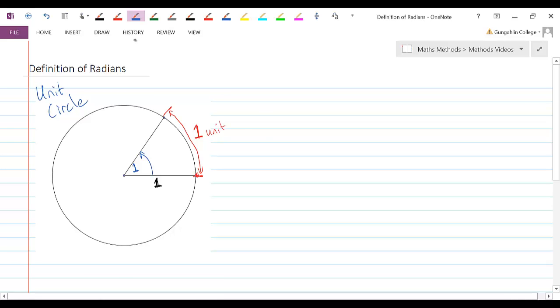A few things to note while we're defining the radian. Think about how big 1 degree is. 1 degree is not very big, because we have to divide this whole circle up into 360 little parts all the way around, and each of them would be 1 degree. In comparison, 1 radian is quite large. This is roughly a radian. I haven't measured it, but it's roughly how big a radian looks.